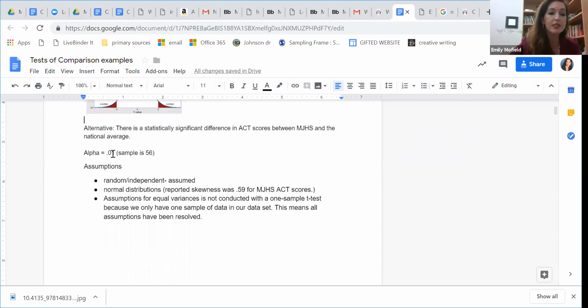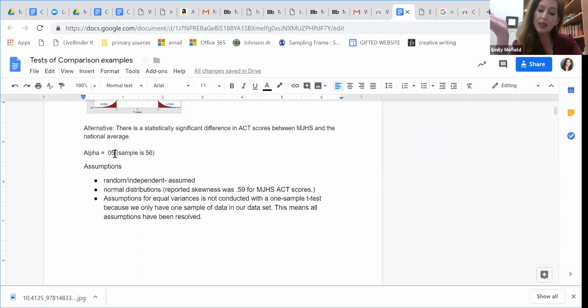I'm going to set my alpha level at 0.05 because my sample is 56. If my sample was above 250 or 300, I'd probably change my alpha to 0.01. That's very important for you to know for your homework. Consider how many participants are involved here. I have a pretty small sample.